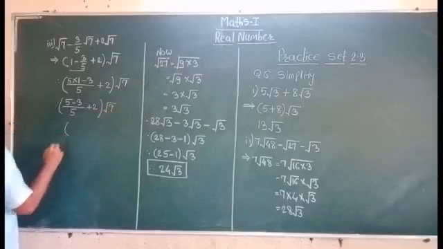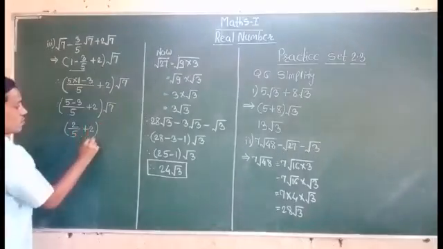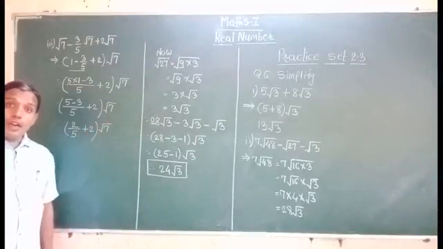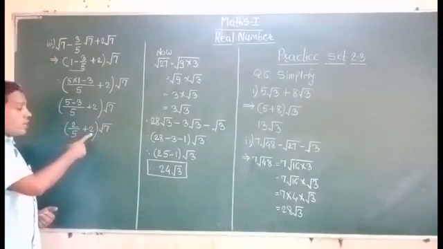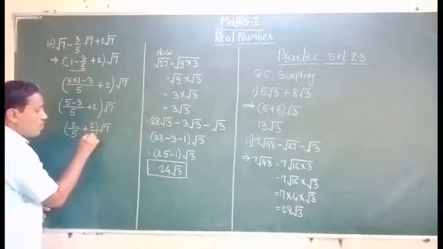So 5 minus 3 is 2, giving 2 by 5 plus 2 bracket complete surds 7. Here we see 2 by 5 plus 2 surds 7, which means here the denominator is 1.